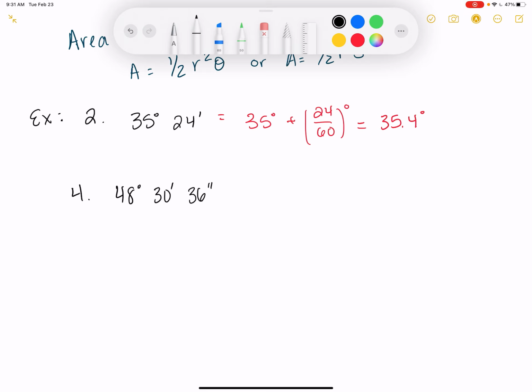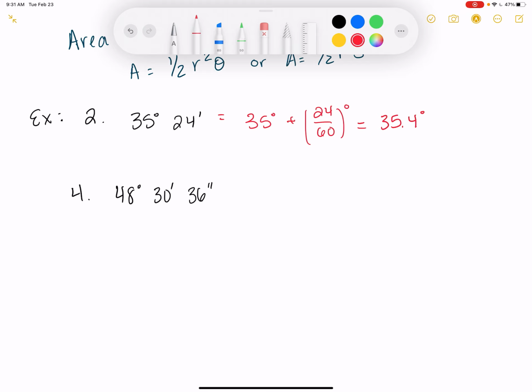So would you do seconds to minutes, divided by 60, then minutes to degrees? So 36 over 60, right? 36 divided by 60 twice, which is 3,600. We have to do it twice for the seconds, because we've got to get seconds to minutes and then minutes to degrees.